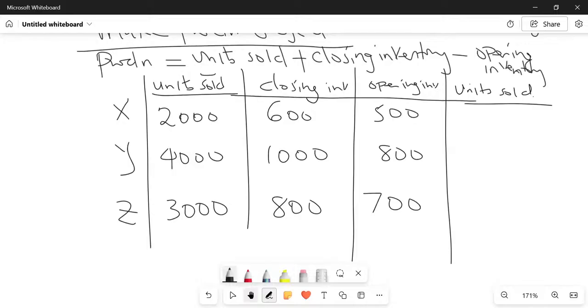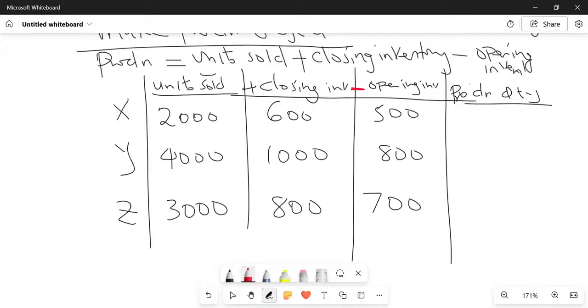Not units sold. This should be production. I'm sorry for that. So production quantity or production budget, the number of units to be produced, we shall take the units sold plus closing inventory minus opening inventory.